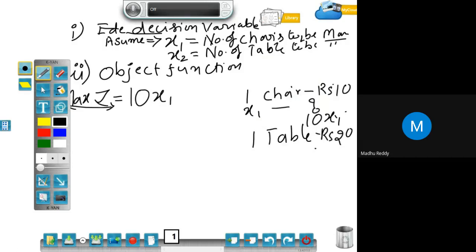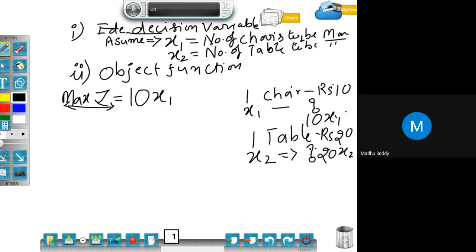How many tables will the company manufacture? x2 tables. So the profit on this will be 20 into x2. The company is not only manufacturing chairs, it is also manufacturing tables. The total profit is the chairs' profit plus the tables' profit. So that is called the max z function. Max z equals 10x1 plus 20x2.